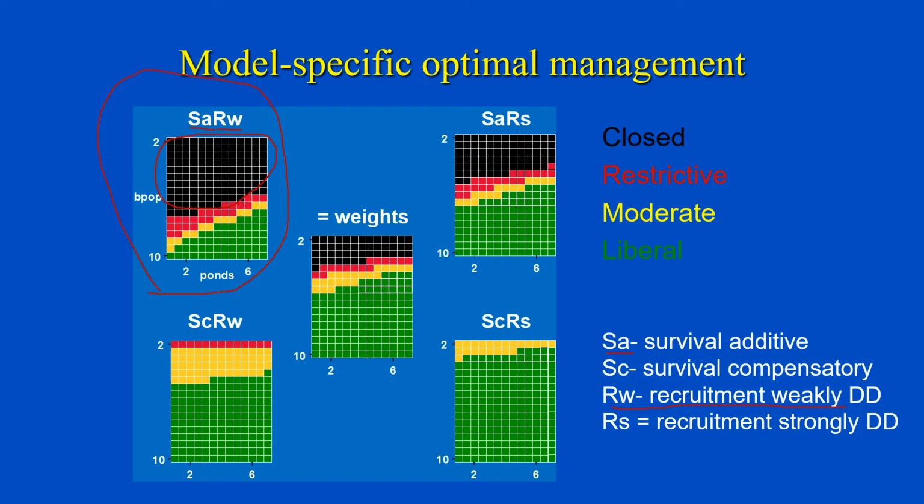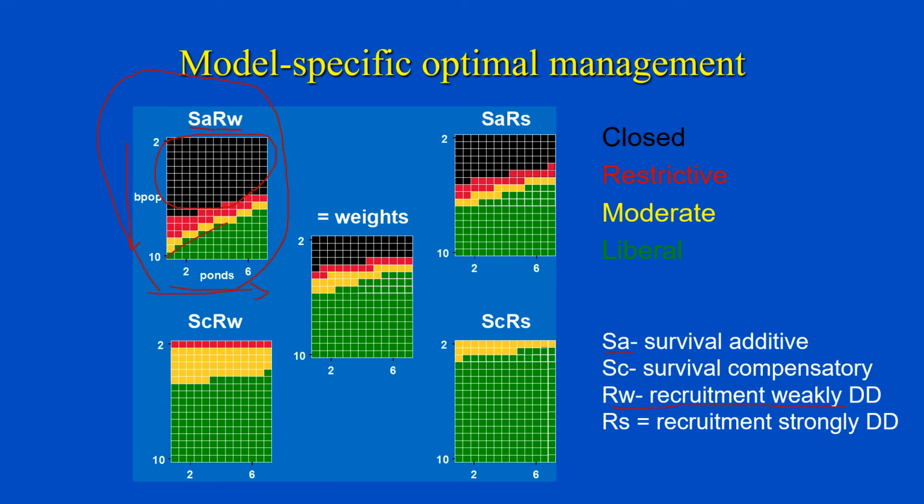And the axes are a little bit weird here. So on the left is population size, breeding population of the mallard population going from low to high as you go from top to bottom, okay? Bottom's 10 million, top is 2 million. And then along the y-axis is the number of ponds. So you can see that if you got a wet year, a lot of ponds, you're going to get a lot of breeding productivity.